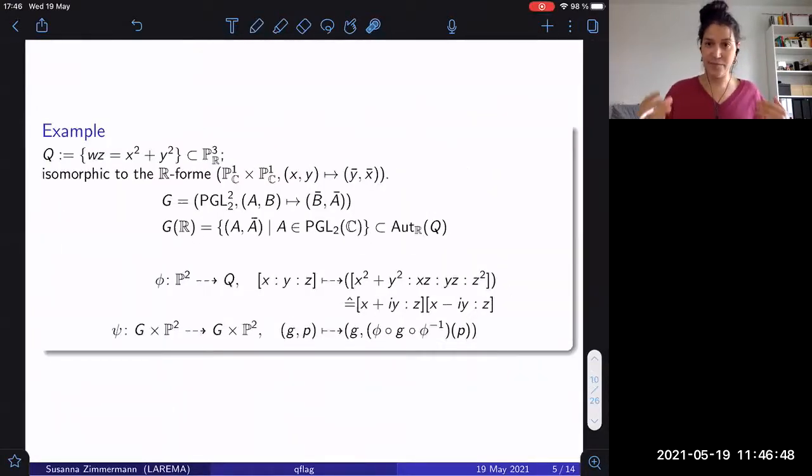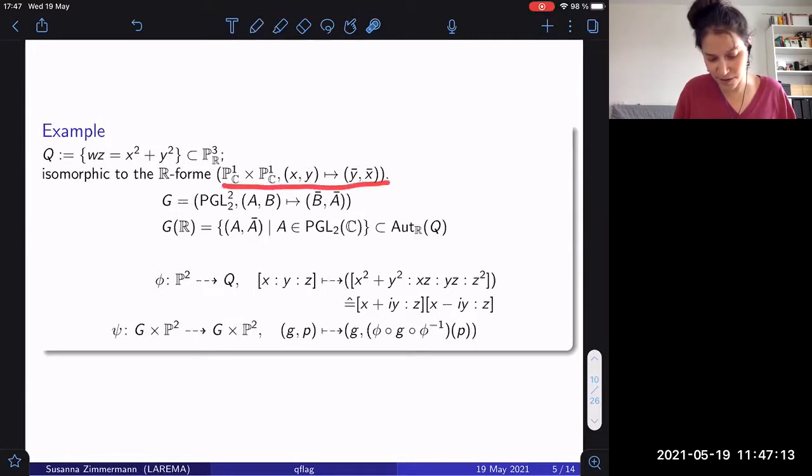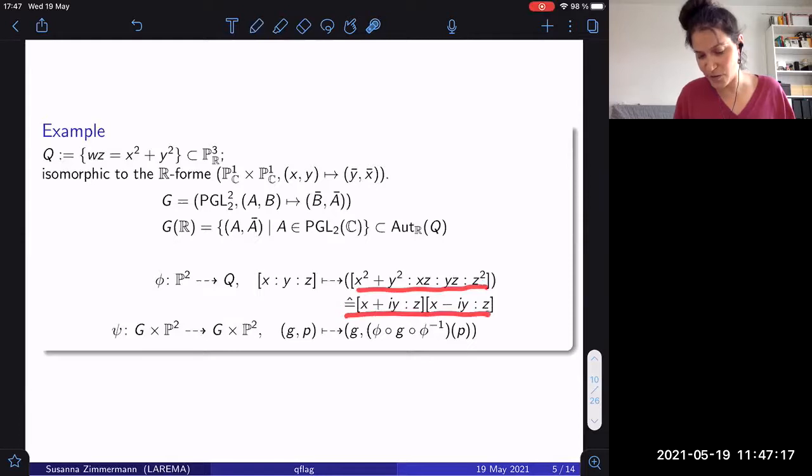And a map that leads from P2 to Q is: I'm sending X, Y, Z to X squared plus Y squared plus these guys. So that's just W set in these coordinates, and so that's in Q. And if I want to see Q as a P1 cross P1, then the isomorphism from this guy to this guy would be, for instance, this coordinate corresponds to this coordinate.